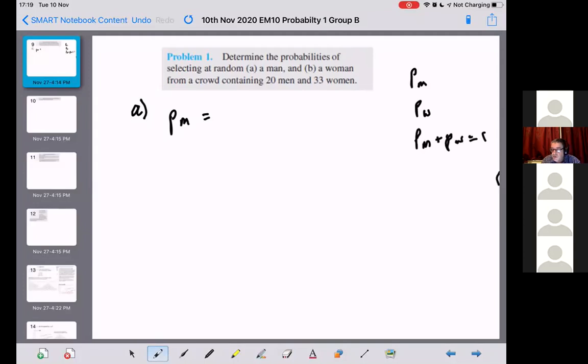But we don't know either of these at the moment. What we've got is 20 men in a group of 20 plus 33 people in total. So that's 20 over 53. If you do that on your calculator, you should get 0.3774.